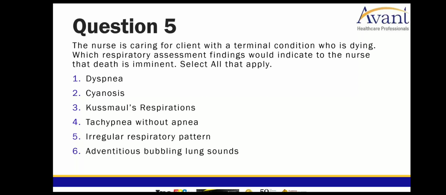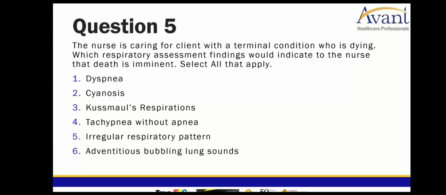Number 5, the nurse is caring for a client with a terminal condition who is dying. Which respiratory assessment findings would indicate to the nurse that death is imminent? Select all that apply. Number 1, dyspnea. Number 2, cyanosis.